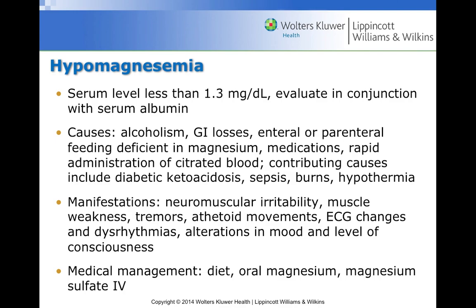Magnesium deficiency can disturb the ECG by prolonging the QRS, depressing the ST segment, and predisposing to cardiac dysrhythmias such as premature ventricular contractions, SVT or supraventricular tachycardia, torsades de pointes, a form of ventricular tachycardia, and ventricular fibrillation.